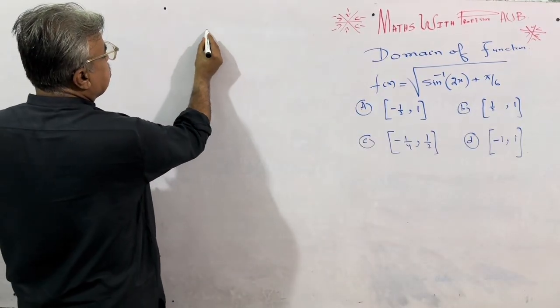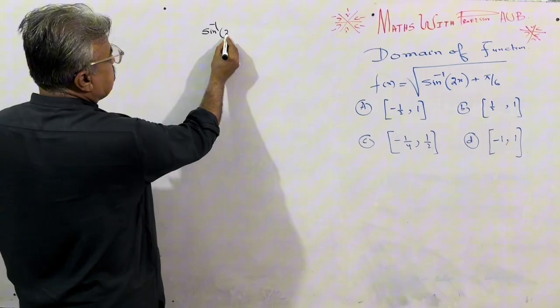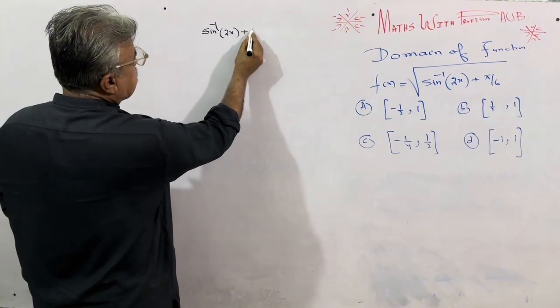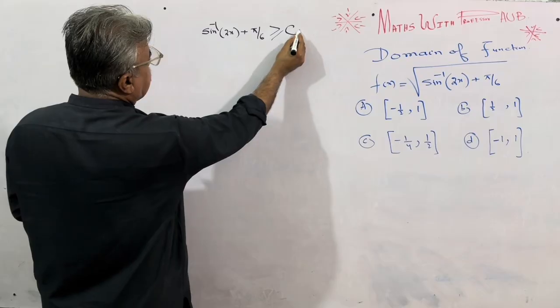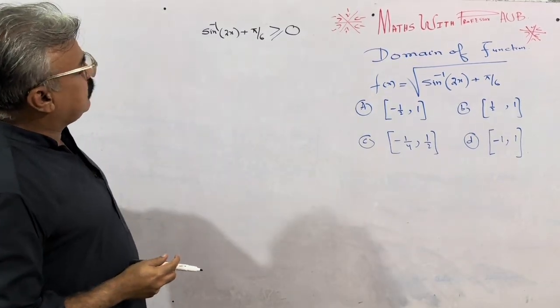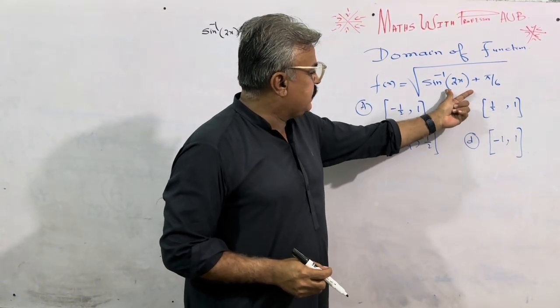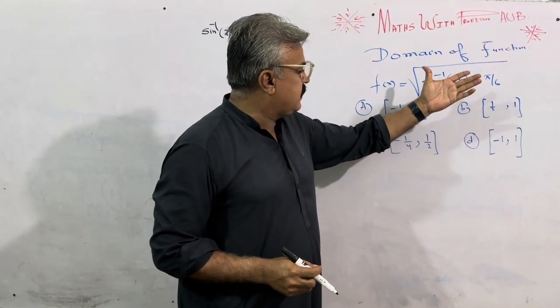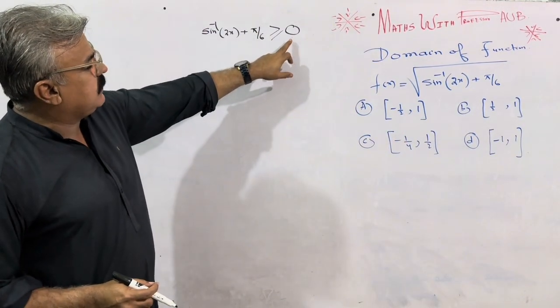So our first assumption is that sine inverse of 2x plus pi over 6 must be greater than or equal to 0, because the square root is present in the numerator. So we can afford 0 as well.